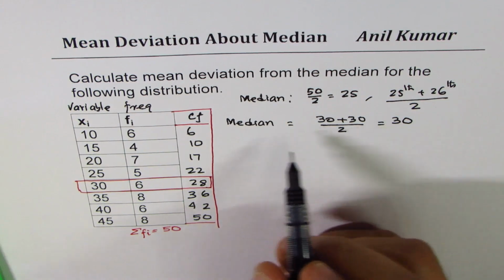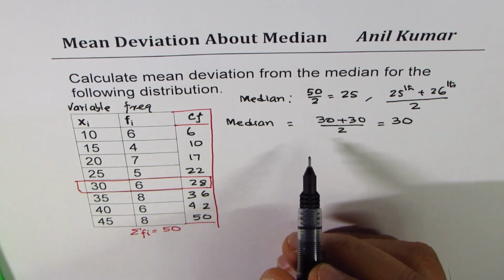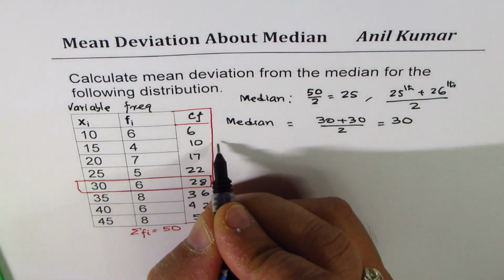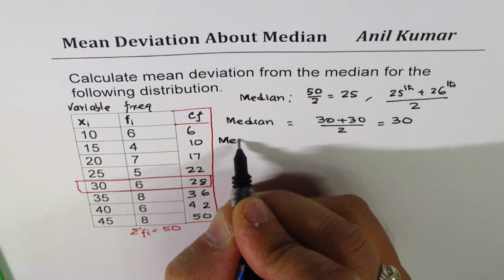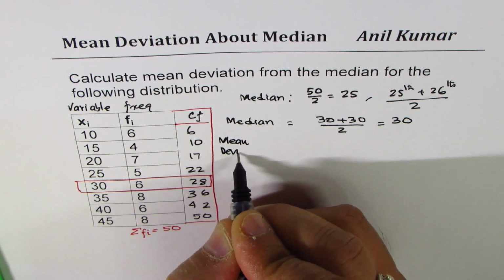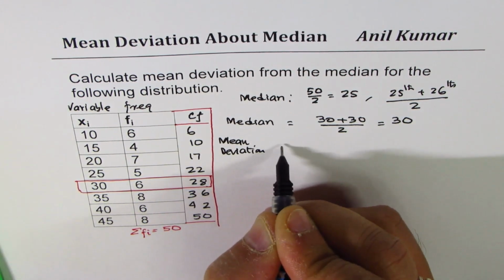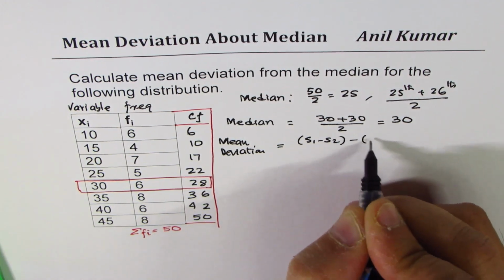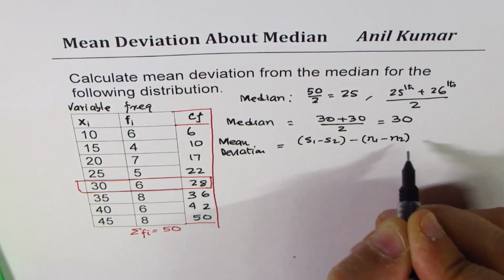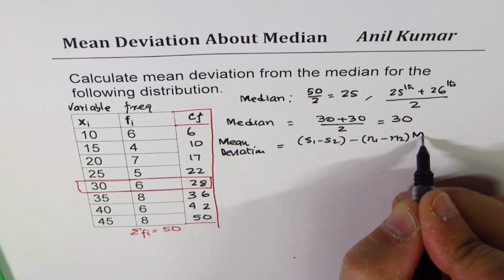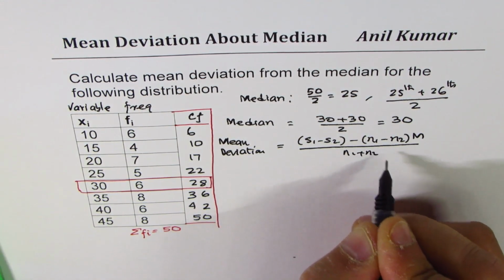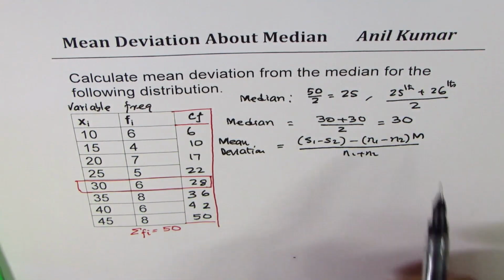And now we have to find the mean deviation. The formula is, let me write down the formula first, and then I'll explain the terms once again, and then we'll do the calculations. N1 plus N2.